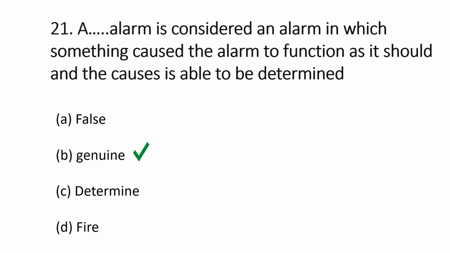Genuine alarm: it functions as it should, and it determines what is the cause of the problem. So B is the correct answer. A genuine alarm is considered an alarm in which something caused the alarm to function as it should and the cause is able to be determined.